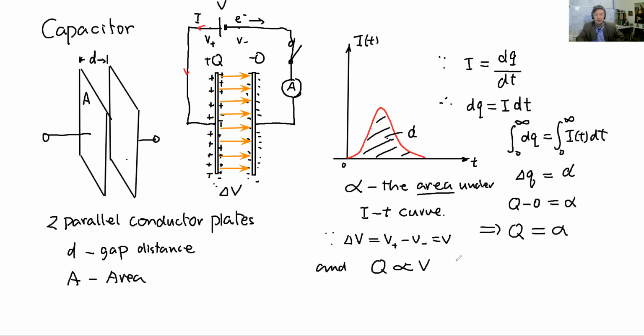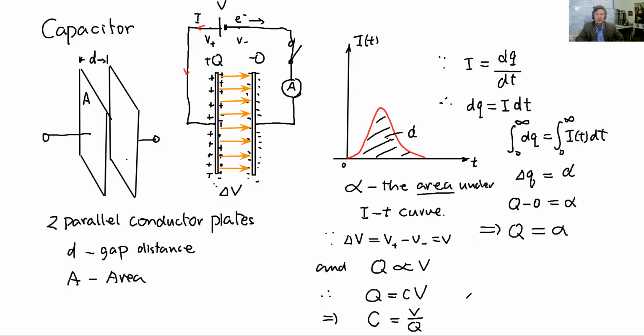In that case, we introduce the capacitance C, so that Q equals CV. C is a scalar number, equal to Q over V. That's its definition.